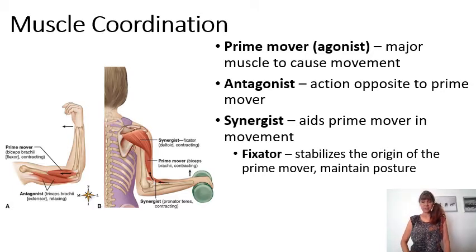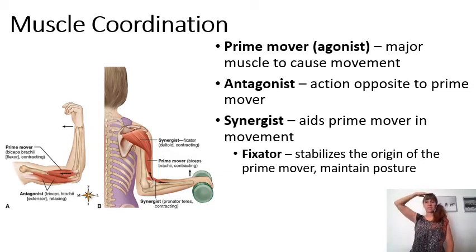Things anteriorly are going to cause flexion. However, from the hip down, those muscles anteriorly tend to cause extension.